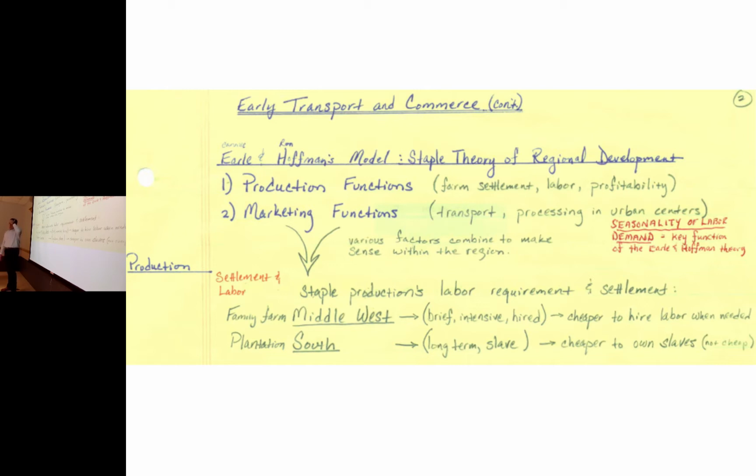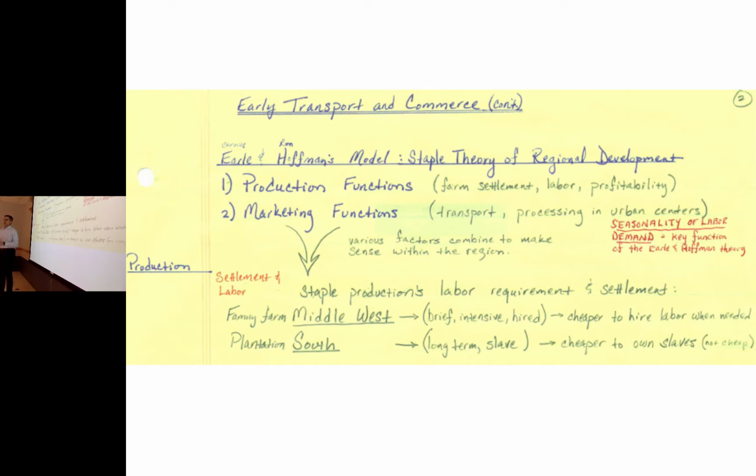So think commodities. What are some commodities being produced in the United States in, say, 1840? Livestock. Where? Chicago's famous livestock machine. Okay. So people are producing cattle, producing pigs.